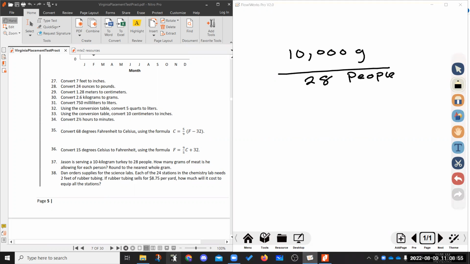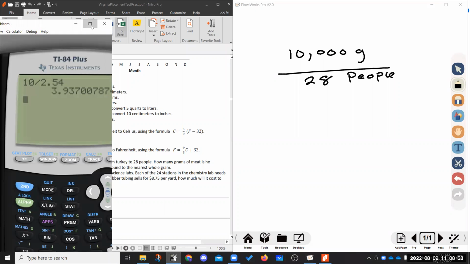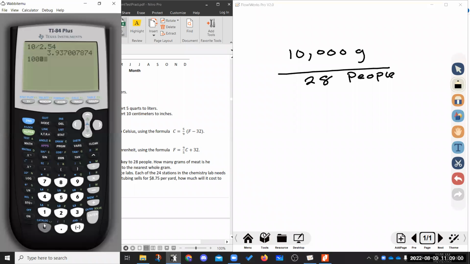So let's figure that out here. 10,000 divided by 28 is going to be, and we're going to have to round down because we need to have enough turkey to give to everybody. It says to round to the nearest gram. So we're going to give 357 grams of turkey per person.